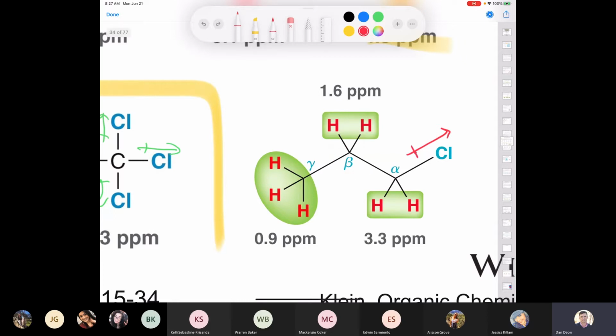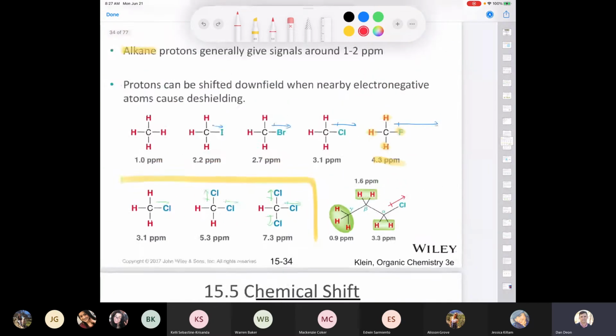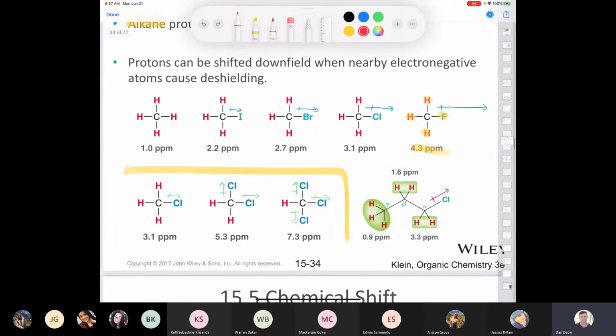Why? Because they're further away. And I can tell you right now that the effect on gamma carbons is basically negligible. They feel basically nothing of that chlorine because it's too far away. So it's not only the type of element, it's not only the number of whatever element we're talking about, it's also the proximity.